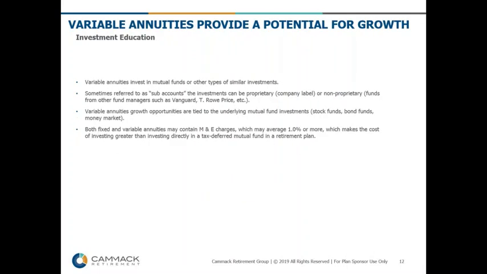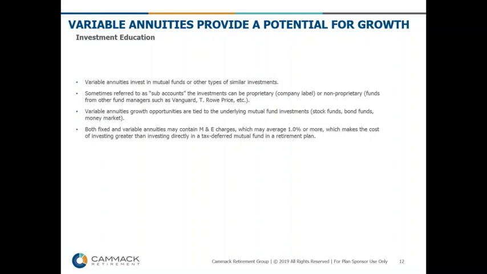Variable annuities invest in mutual funds and other type of similar investments, sometimes referred to as sub-accounts. The investments can be proprietary, meaning that they're basically company funds, or non-proprietary from other managers such as Vanguard, T. Rowe Price, and other mutual fund companies.